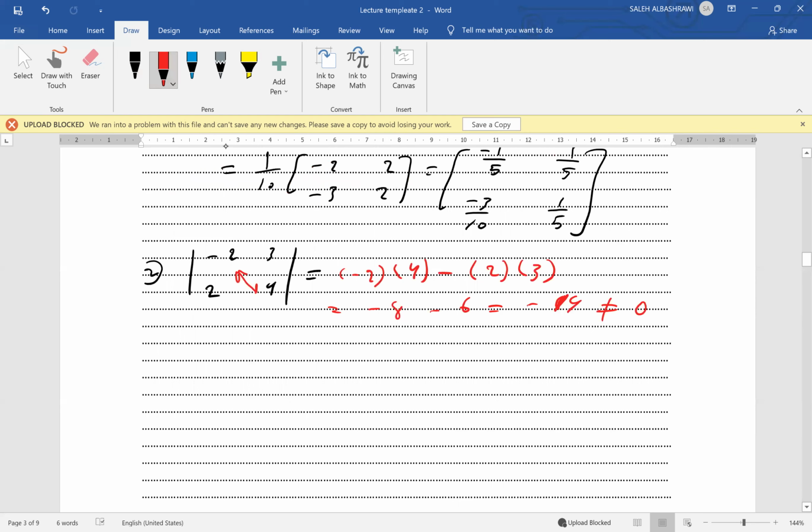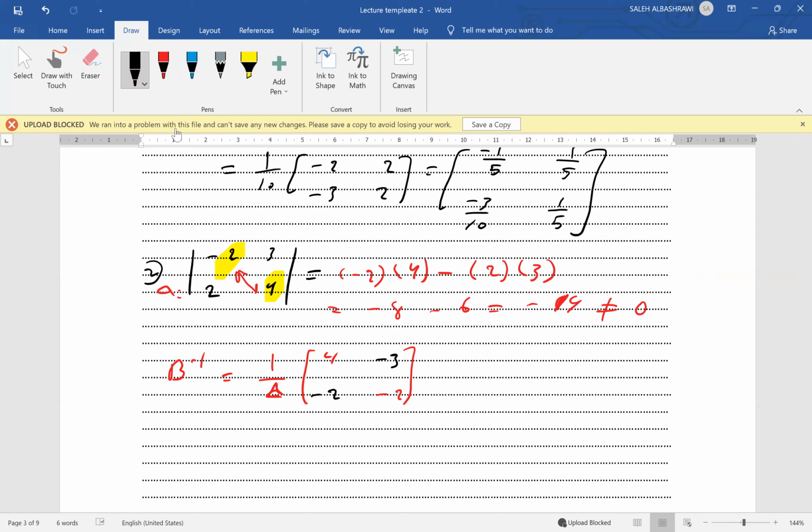So B inverse is 1 over delta, the determinant, multiplied by the matrix where we swap the elements minus 2 and 4, so I will have 4 and minus 2, and change the sign of the other elements, that will be minus 2 and minus 3.